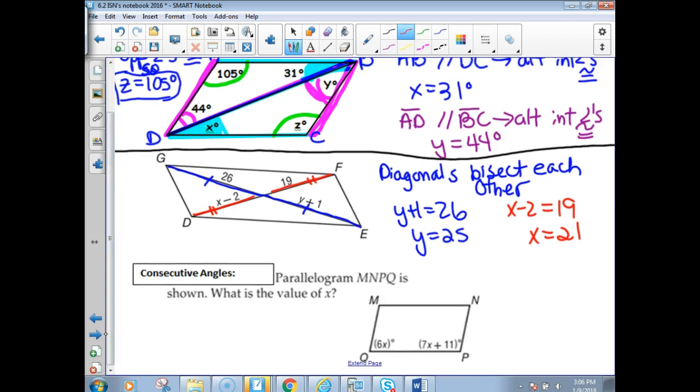One property we haven't used yet in our examples is that the consecutive angles are supplementary. So see these two angles? They add up to 180. So 6x plus 7x plus 11 equals 180. 6 and 7, 13x plus 11 equals 180.